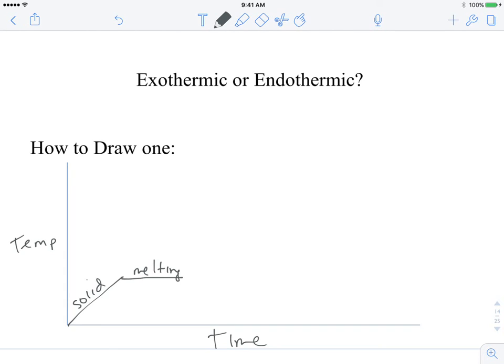With the liquid, again, you were getting it to go faster. And when you vaporized, well, now we're going even longer here. Again, we're breaking the bonds. There's no change in temperature. And once you vaporize, you form a gas.